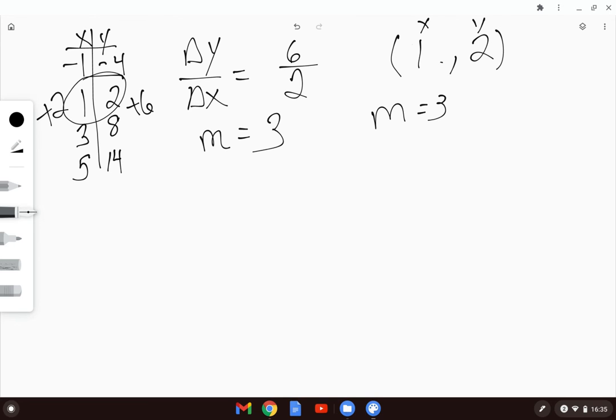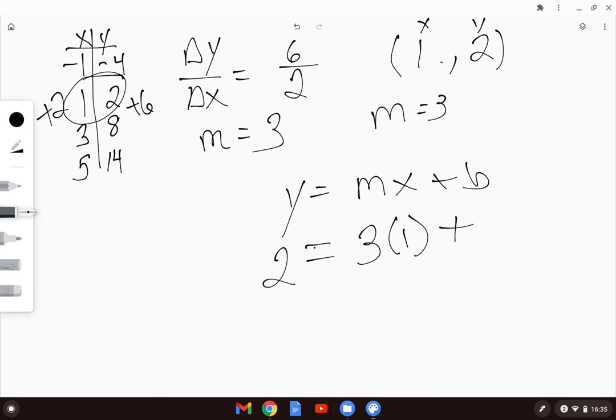So then the third step is to substitute the ordered pair and slope into the linear model, y equals mx plus b, solve for b, and write a function. So again, y is 2, that's taken from the ordered pair. My slope is 3, my x value is 1, and I add all of that to b. So 3 times 1 is 3.